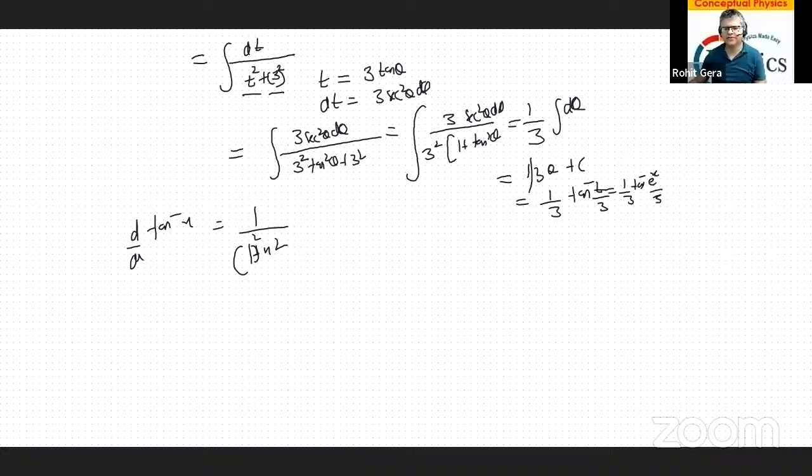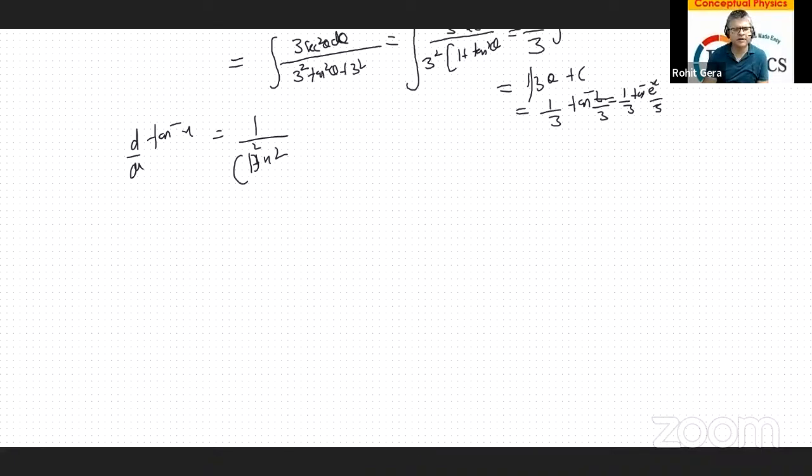Okay, let's say we have to do one more. So this is integral of cos theta d theta under root of 4 sine square theta plus 1.